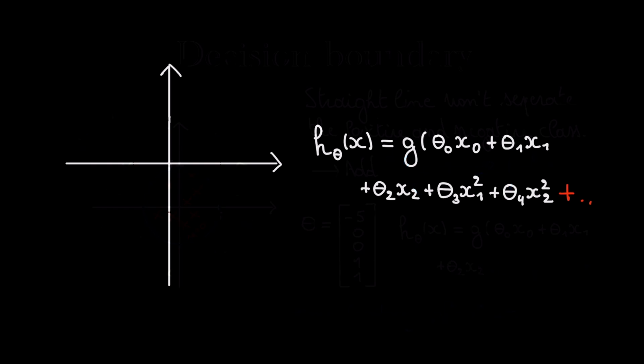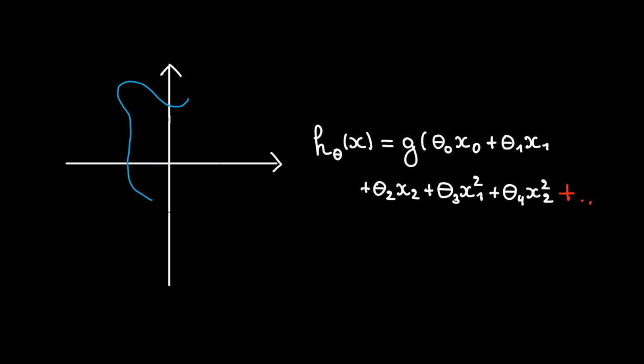And if we add even more polynomial features, we can capture even more complex shapes. I know, this is probably a bit overwhelming. Which features should we use and which polynomial terms should we add? But don't worry, later on we will see how we can automatically choose these parameters.